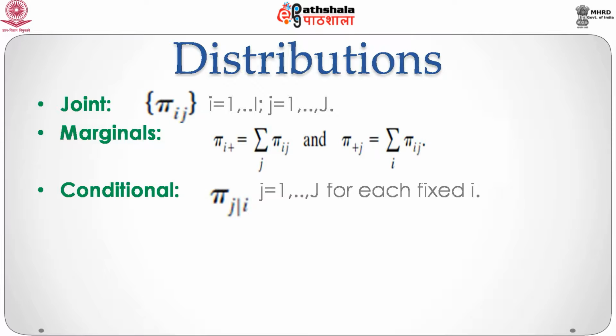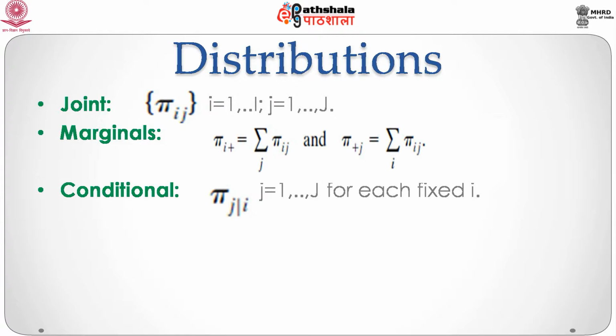Of course, pi of j given i is pi ij by pi i plus. In subsequent modules, we will see that it is important to know whether we are considering the marginal distribution of two variables or the conditional distribution when we perform statistical inference, and that both distributions may not necessarily lead to the same conclusion.